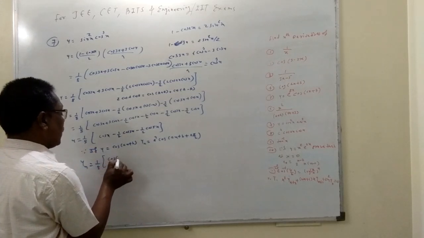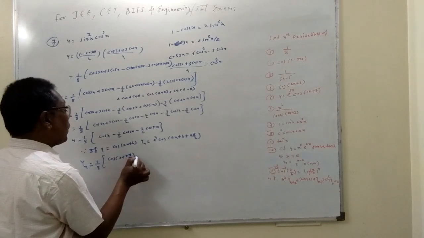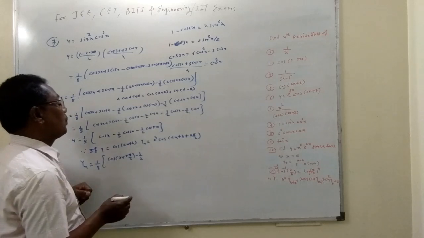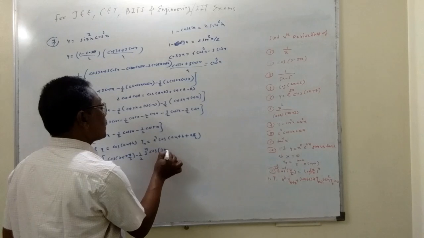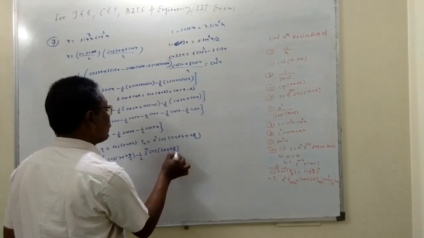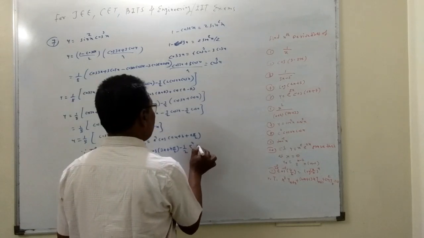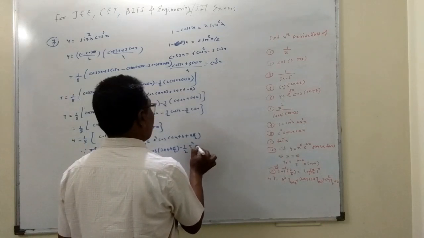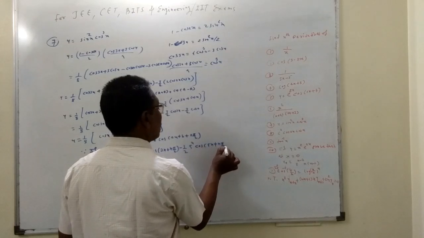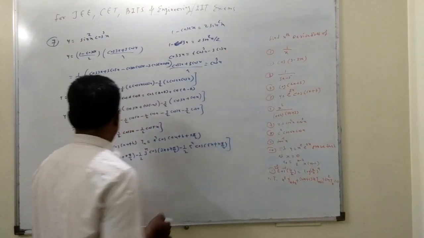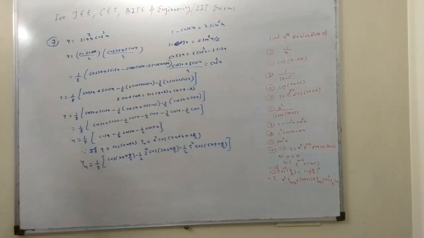So cos x plus n pi by 2, minus 1 upon 2, constant 3 raised to n cos 3x plus n pi by 2, minus 1 upon 2, constant 5 raised to n cos 5x plus n pi by 2. So this is the nth derivative.